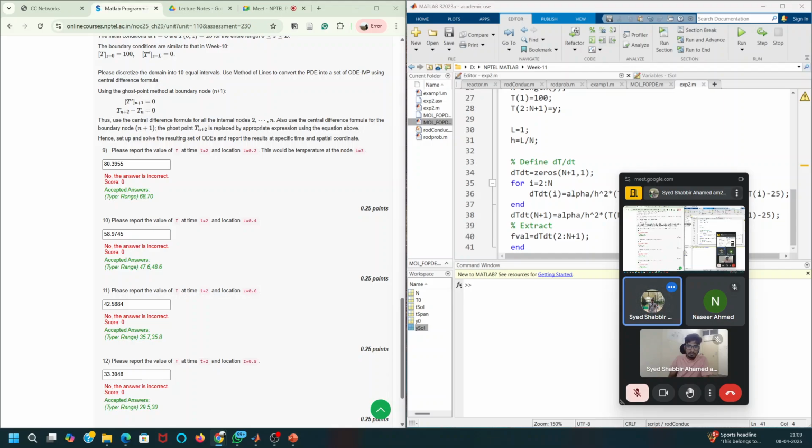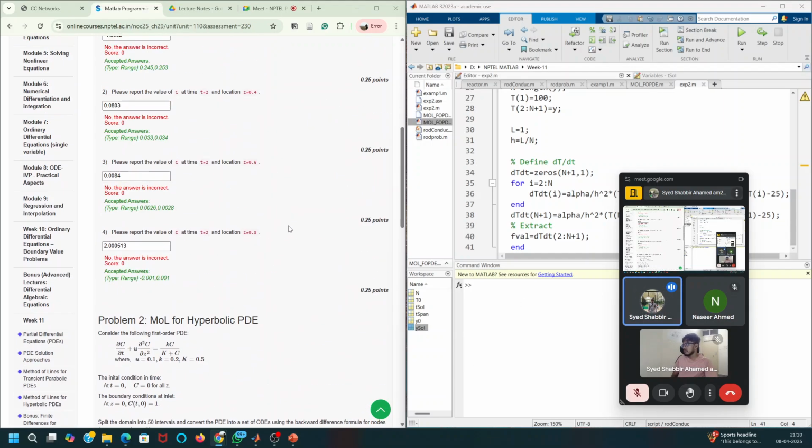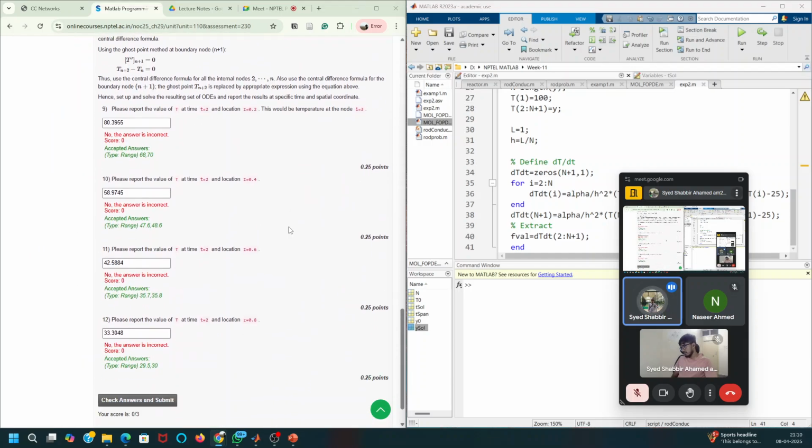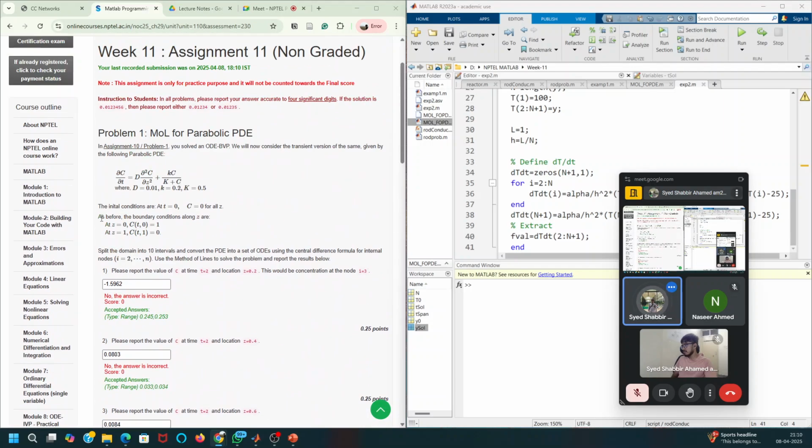Okay, I think we are done for today. We have solved these two practice problems. I think the answers given here are wrong.